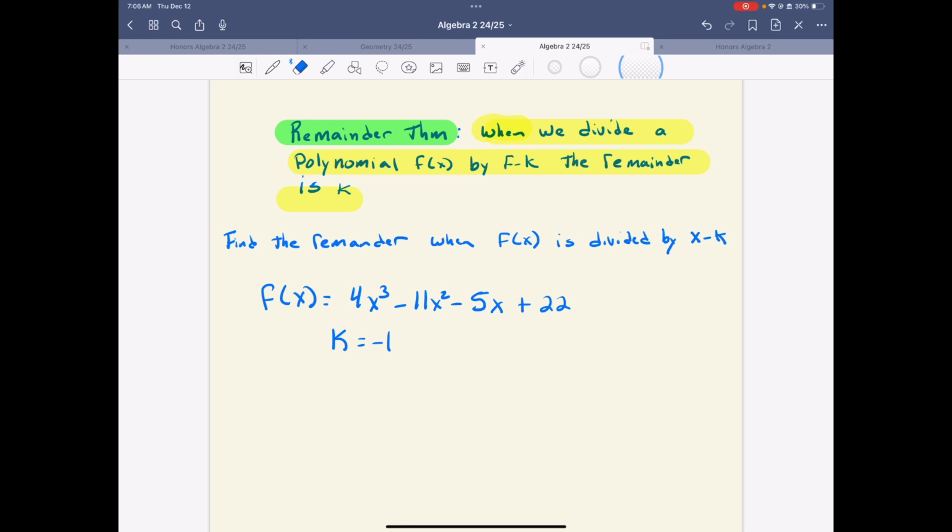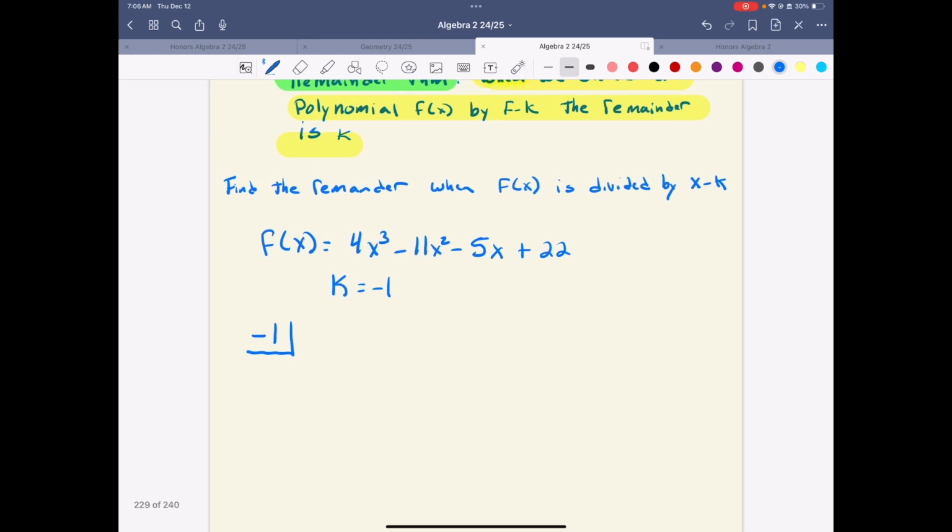So instead of switching the sign, kind of how we did yesterday or in part 1, we're just going to put a -1 inside of this piece of it. And we're going to drop down our 4, making sure that we go in order from the highest exponent all the way out to the constant. We're going to draw our line. We're going to bring down the 4, take -1 times 4 to get -4.